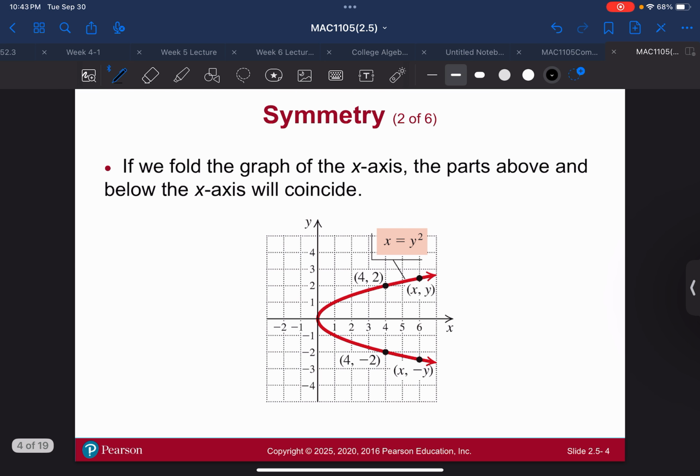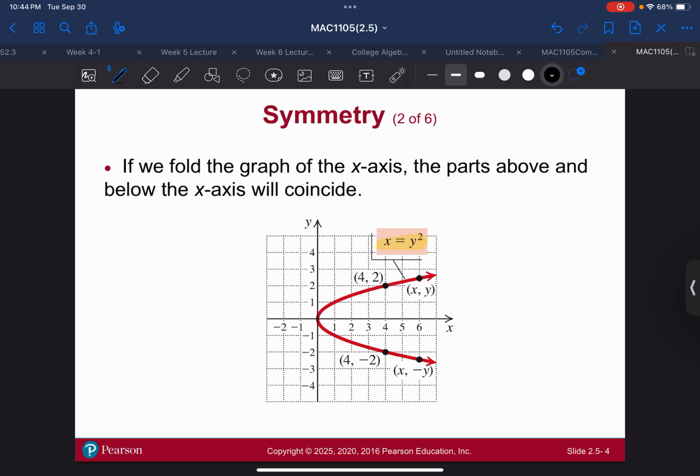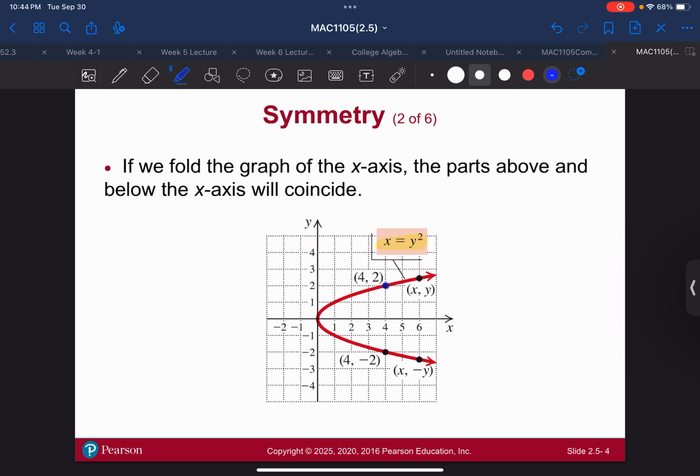So on this graph, which is the graph of that function, x equals y squared, that we were using, this is the picture of the graph. It's a horizontal parabola. And every single point on this function, starting with (4, 2) and (4, -2), will be pairs like this.